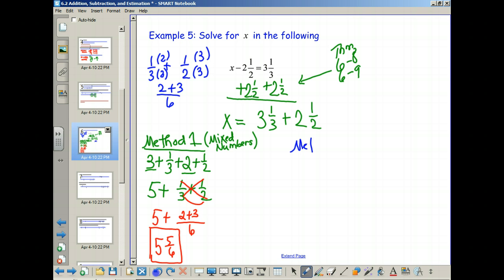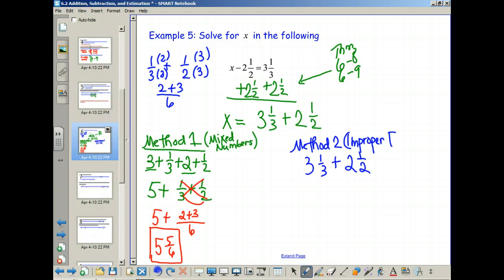So here's method 2. This is the improper fraction approach. What we can do is take the 3 and 1/3 and the 2 and 1/2, and turn them into improper fractions.